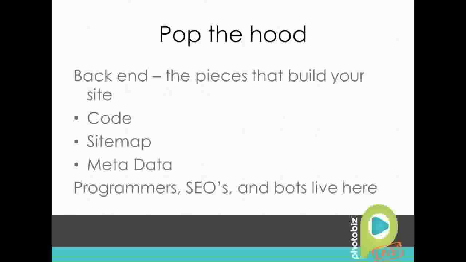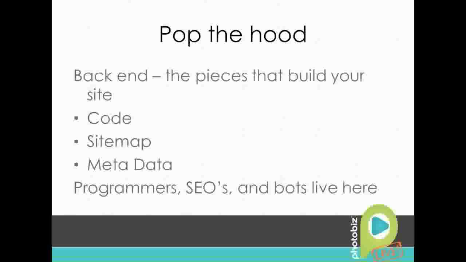So as I said, we're going to start by looking at the back end. The back end of your website is like the engine of a car. You don't see it that often, but it makes everything work. The pieces of your back end include the code, how the website is coded, how it's written, how it's displayed, the site map, which is roughly an index or a chapter list, to use a book reference, for your website, and your metadata.